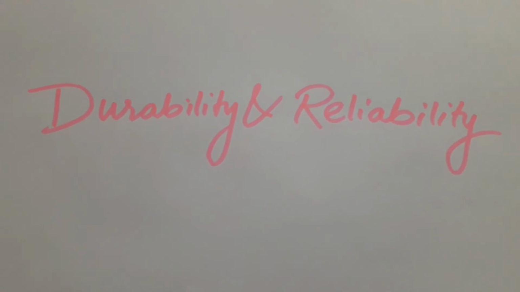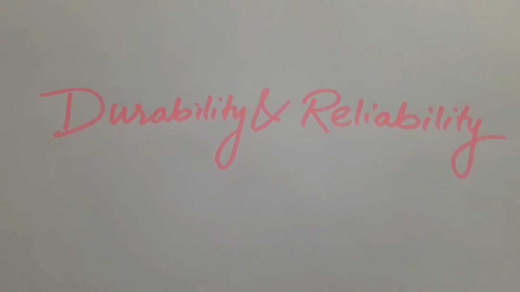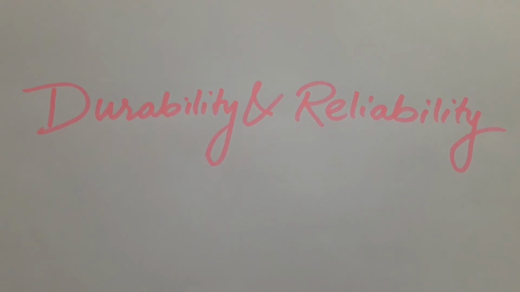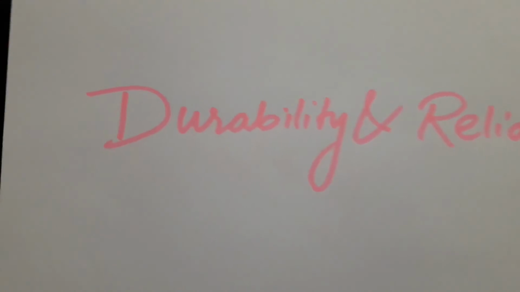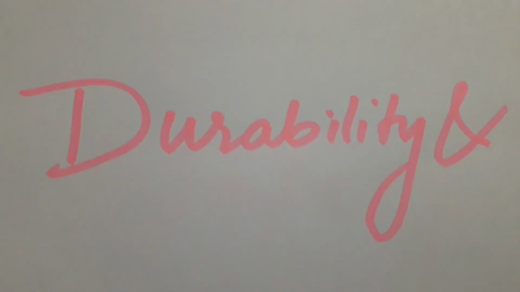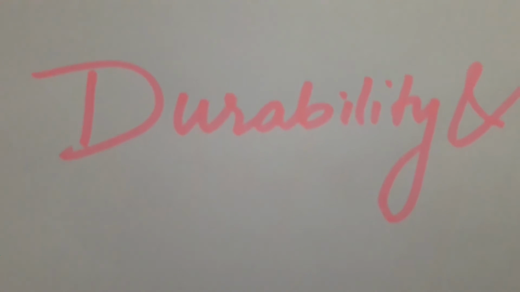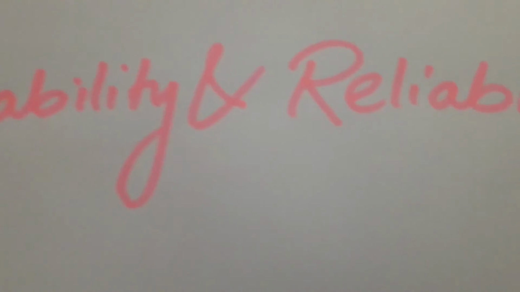Next is durability and reliability. Durability is just the ability to resist the adverse effects of environment, or of maintenance and use of the element, with the progress of time. So, the ability to resist the adverse effects of environment is durability. What is reliability?